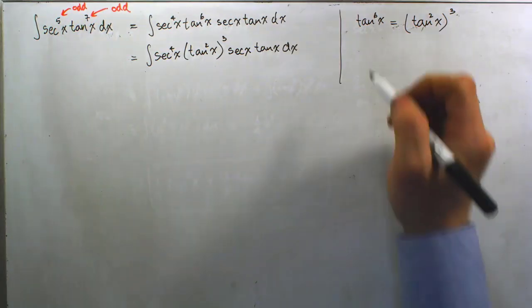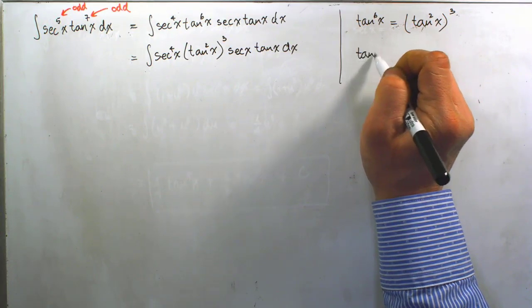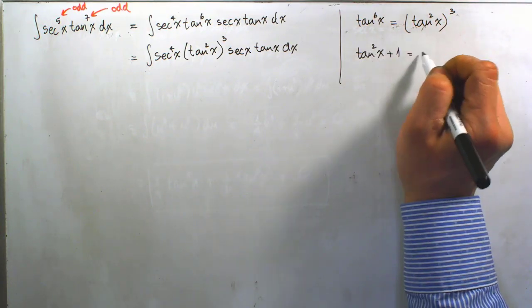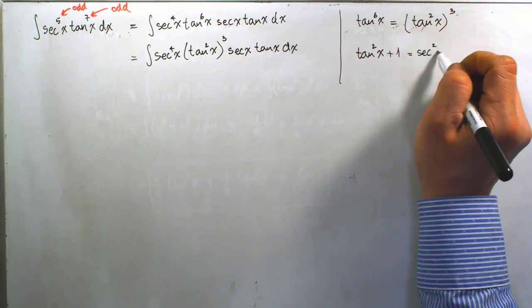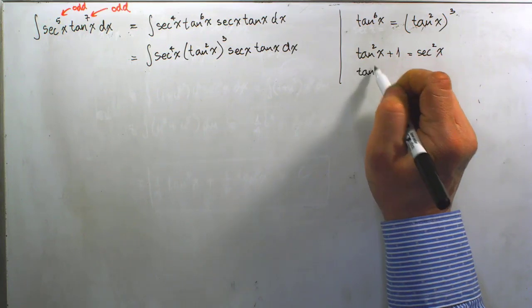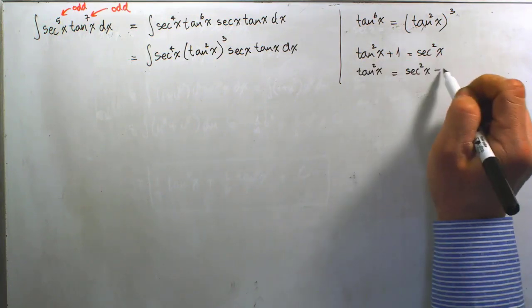And then from trigonometry, we know that tangent squared of x plus 1 must equal secant squared of x. And so subtracting 1 from both sides, tangent squared of x will equal secant squared of x minus 1.